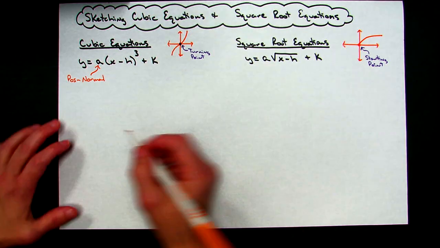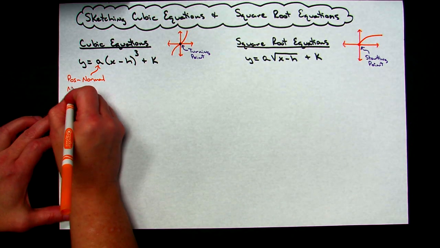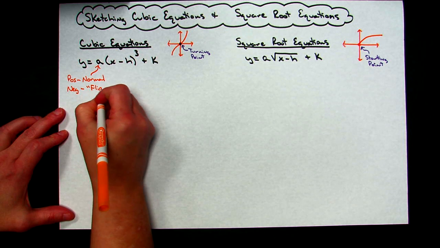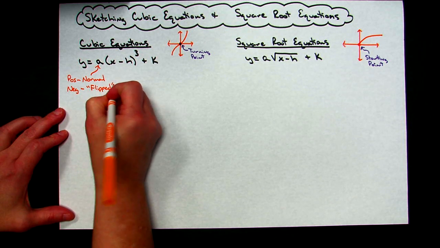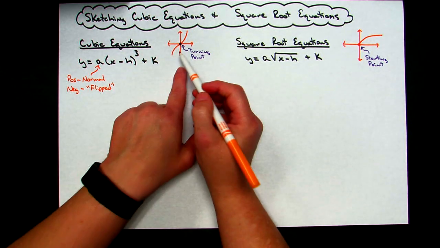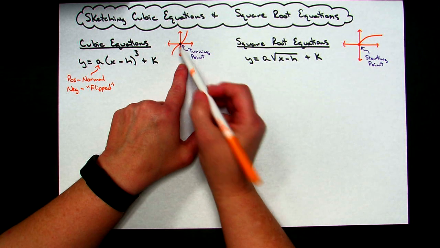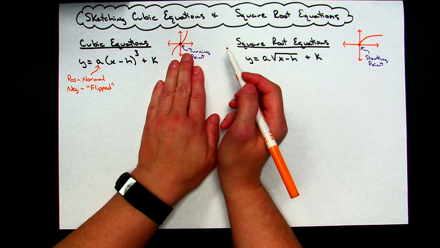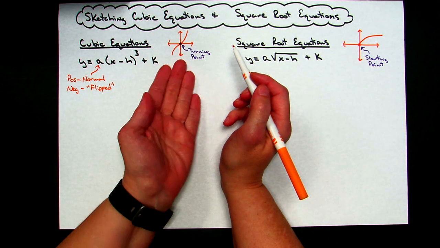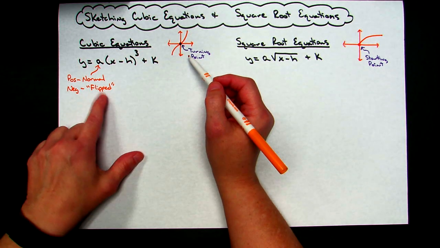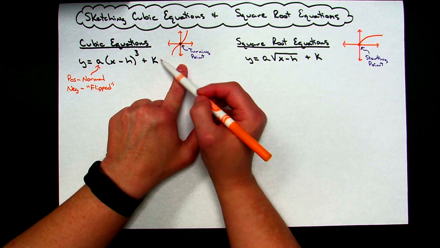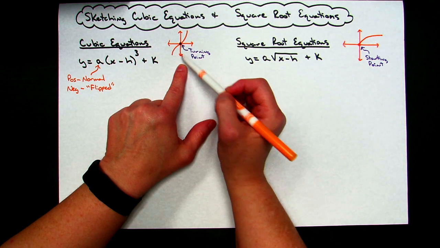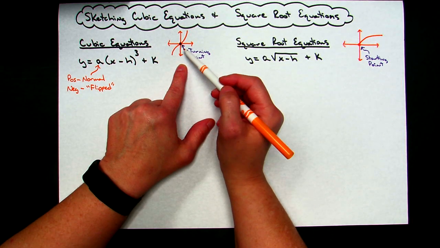When it is negative, then I like to say that it is a flipped cubic equation. As long as I'm dealing with cubic equations that go through the origin like this one right here, my flipped one is actually a reflection across the y-axis. But I want to say flipped here because as soon as I start translating this cubic equation all over the coordinate plane, I'm no longer going through the origin, so I can't really say it's reflected across the axis.